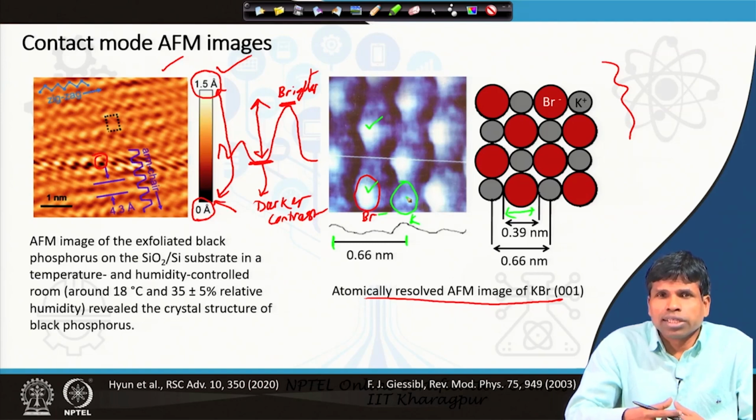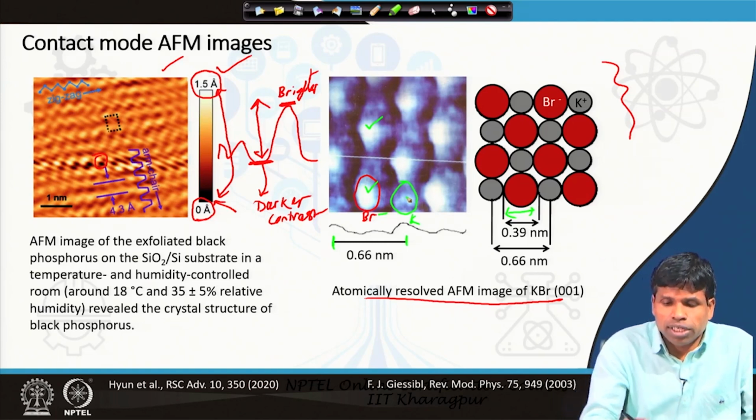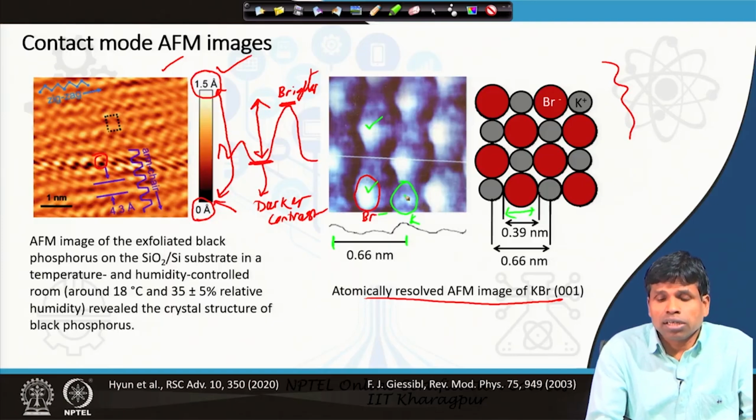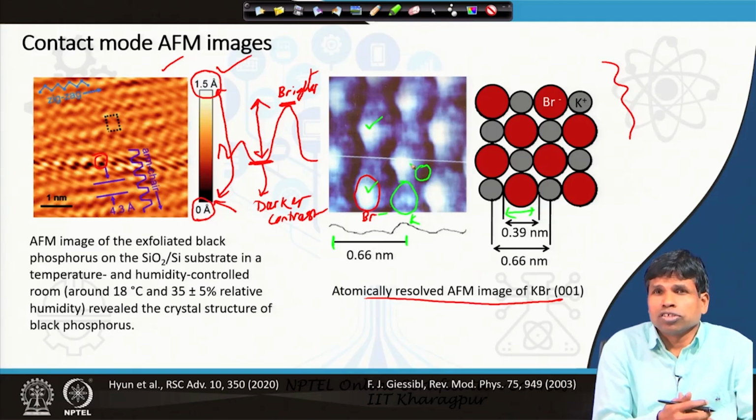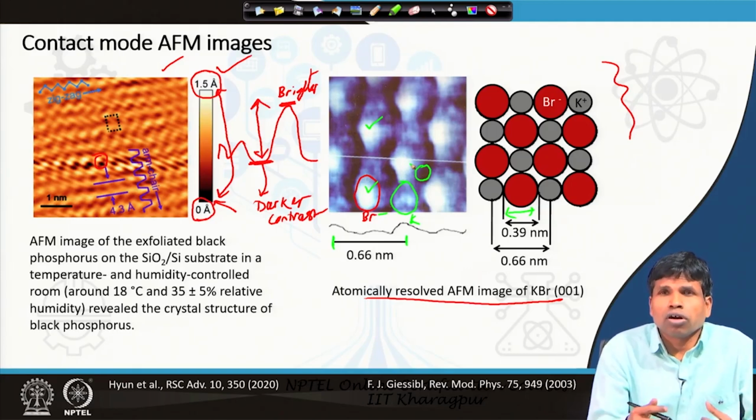And in places where there is nothing, no repulsion is occurring, because the contact mode operates in the repulsive regime of the Lennard-Jones curve. So where no atoms are present, there is no repulsive force, and therefore it looks darker.